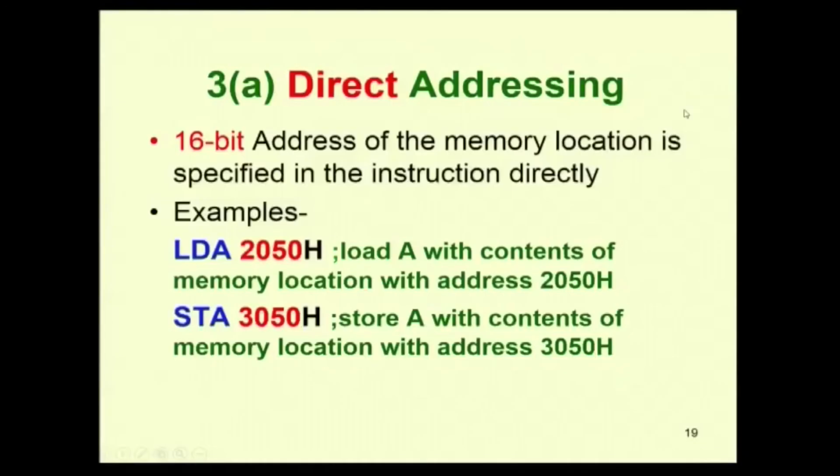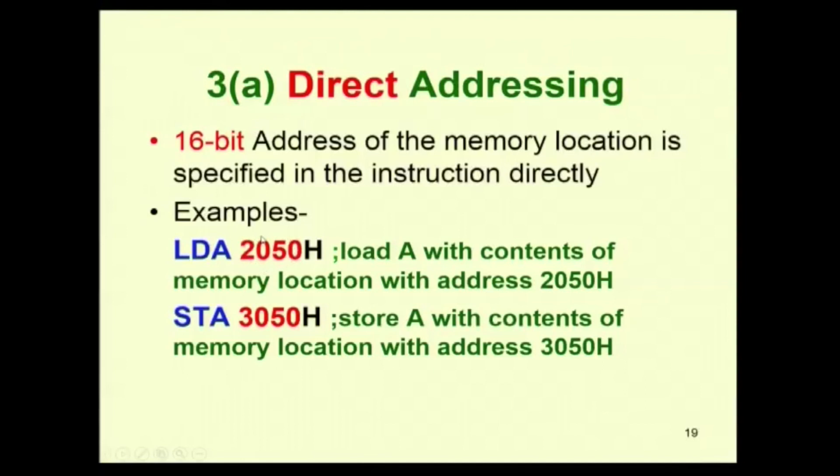So, we will see direct addressing. In this case we have to mention the address of the memory location along with our instruction. If you want to load a number that is stored in some memory location, you have to mention the address of that location. Suppose you have stored a binary number in memory location 2050H and you want to load it into the accumulator.